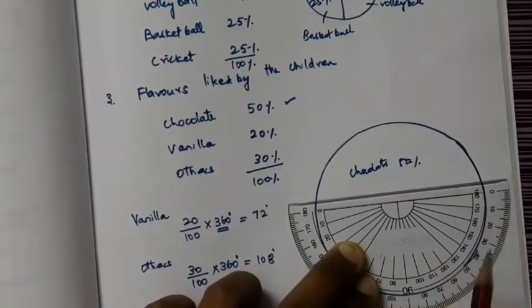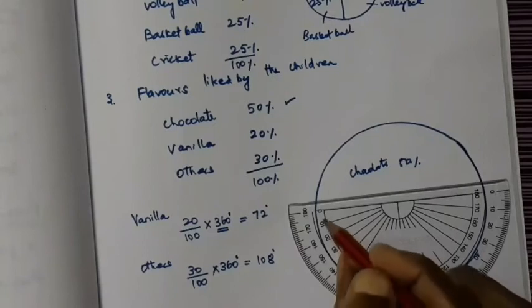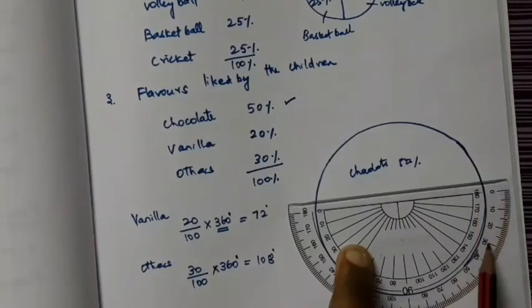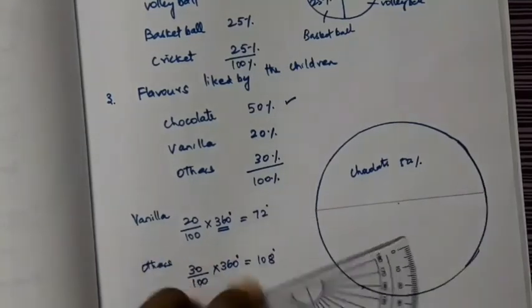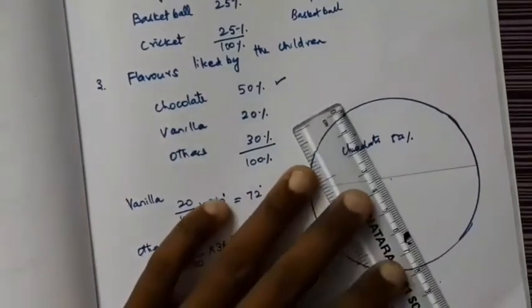You can measure from here, and you can also measure from here. From here you can take 72 and here also you can take 72. So I am taking from this side. I am taking 72: this is 0, 10, 20, 30, 40, 50, 60, 70 and here it is 72. I have marked the point. I am just drawing the line now.